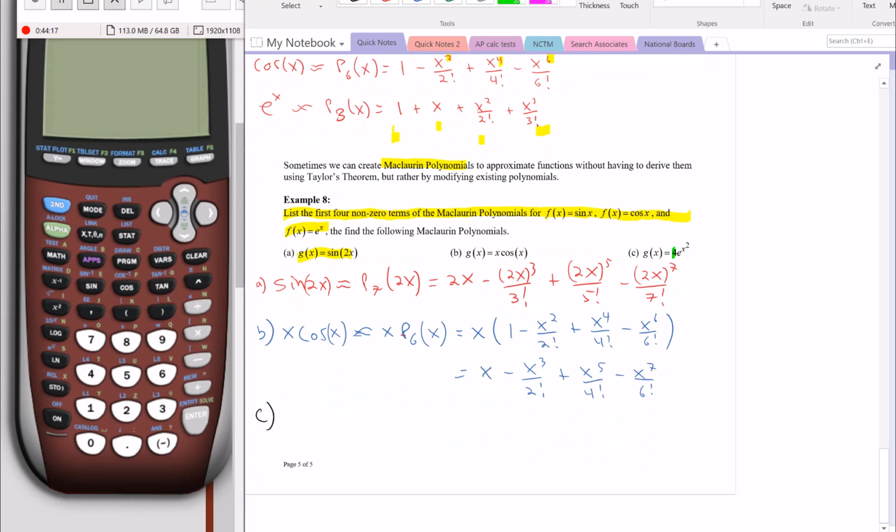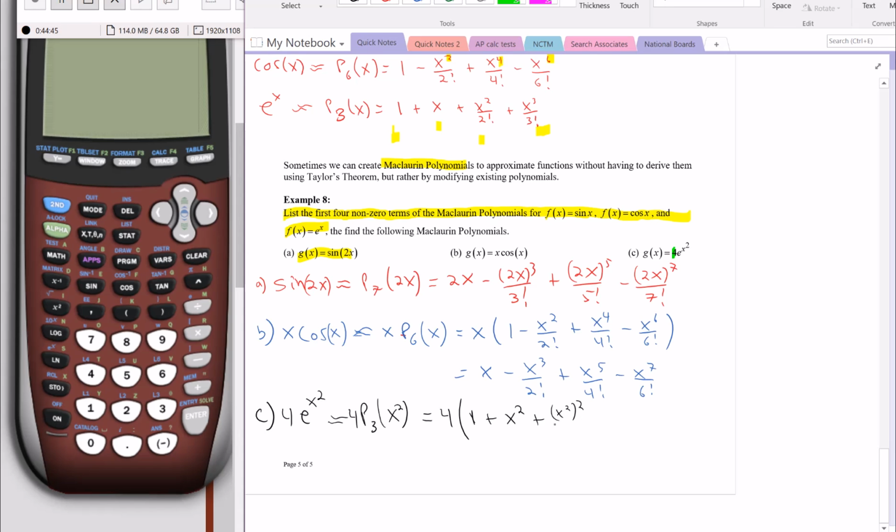Okay, and then the last one, same idea. We're going to do 4e to the x squared. So that's going to be approximated using our same thing up there, but we're going to multiply it by 4, and instead of x, we're going to write x squared. We're using the one for e now, so it's going to be 4 times, there's nowhere to plug in anything for the 1, instead of x, we write x squared.